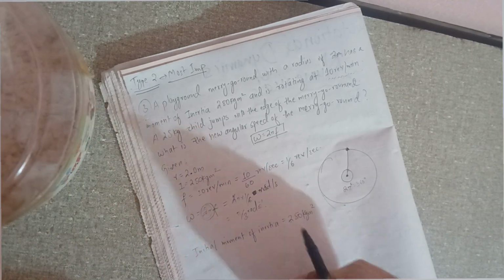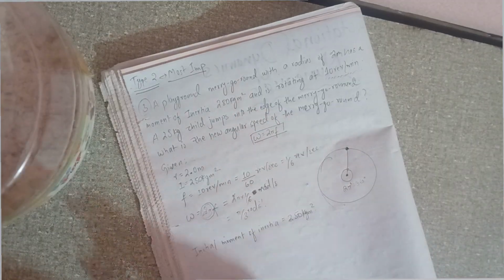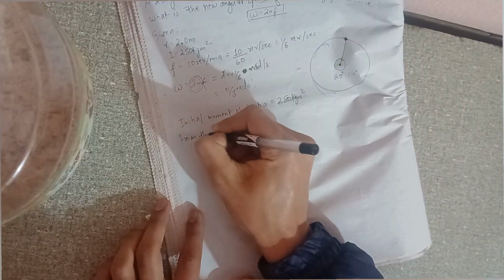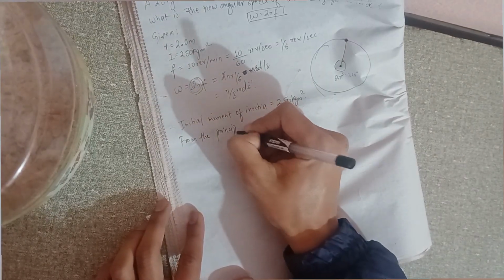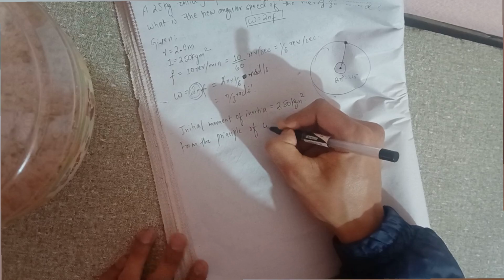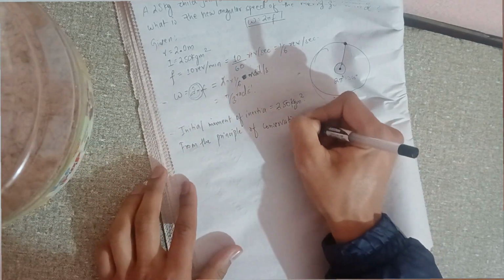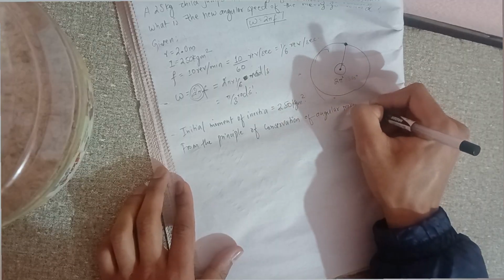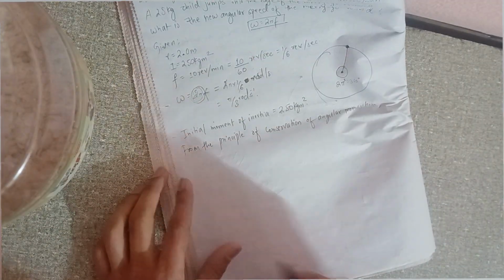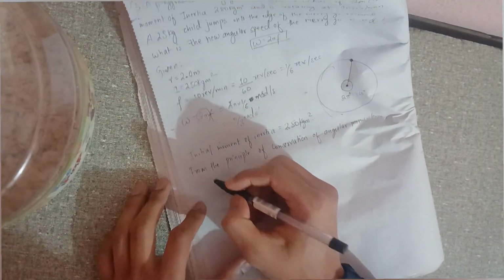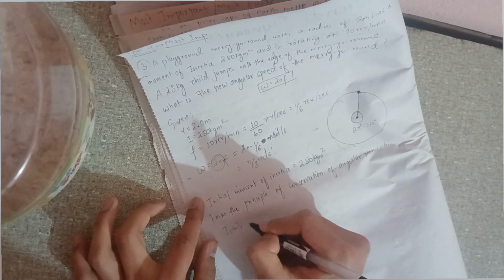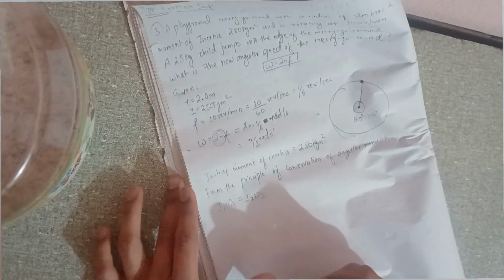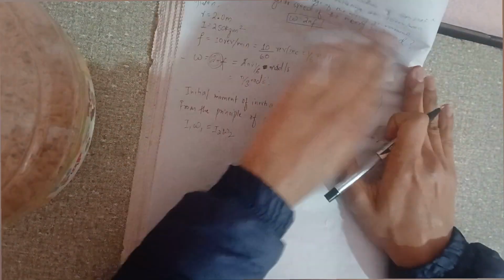So now what we need to do is, from the principle of conservation of angular momentum, what we have is I1 omega 1 equal to I2 omega 2. We know this much, don't we? Yep, we do. So yep, it is visible.